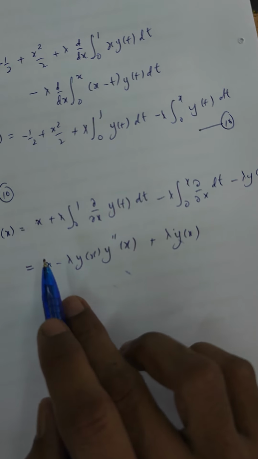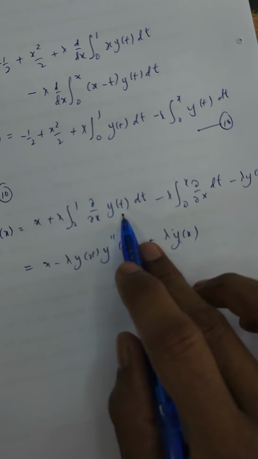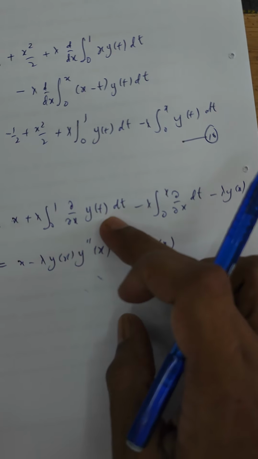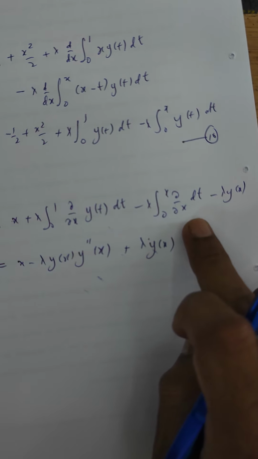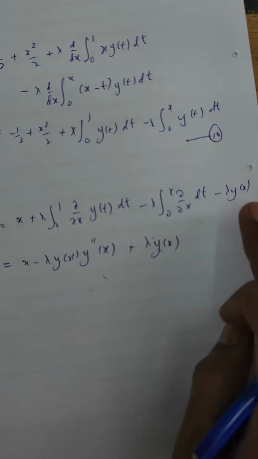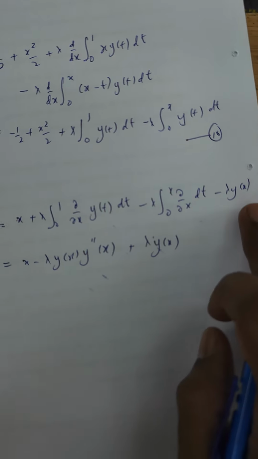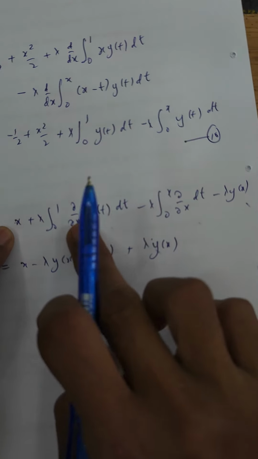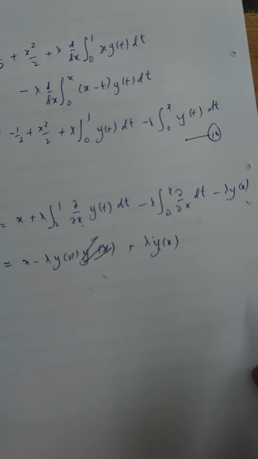We have x plus lambda, then we integrate with respect to x, that gives you 0. And this we integrate, d dx dt minus lambda. So that one is 0, that one is 0, so just x minus lambda y.